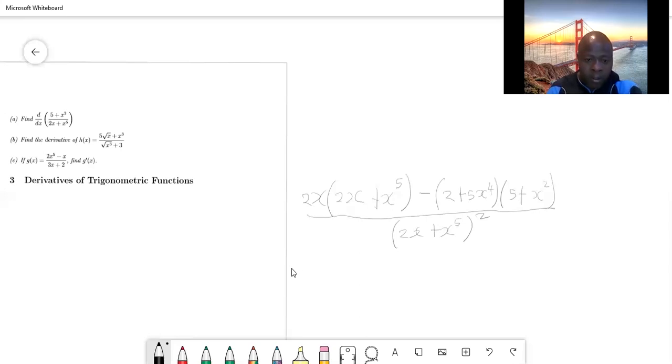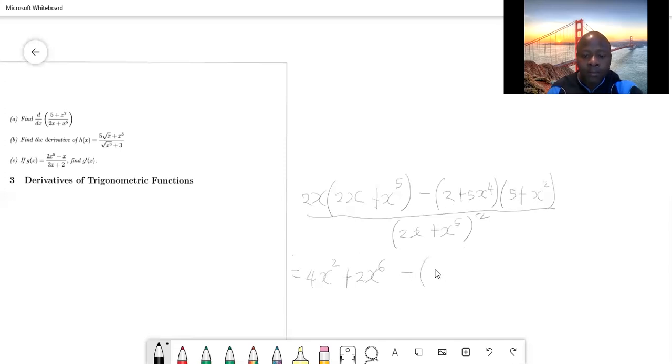When we do that, we have 4x squared plus 2x raised to 6. This is 4x squared, 2x raised to 6. We are done with this part. So we proceed to this other part. There's a minus.